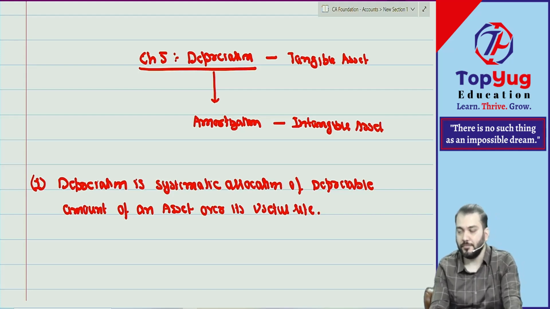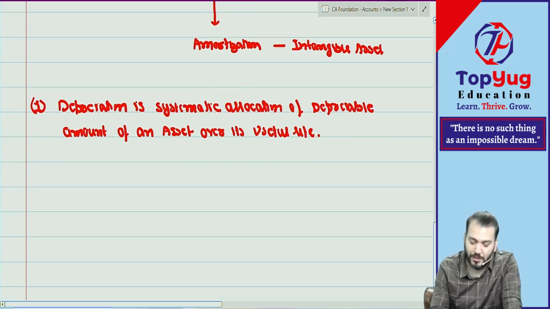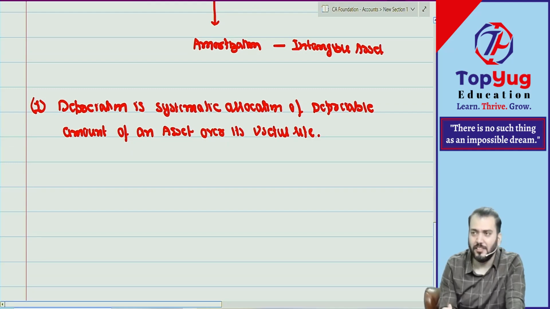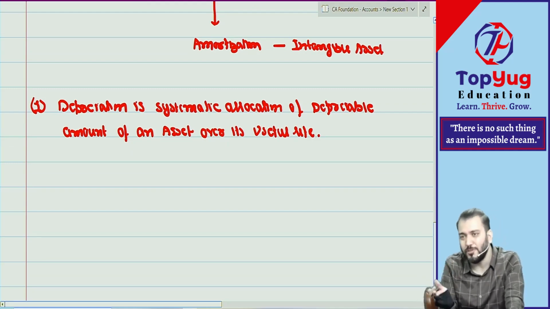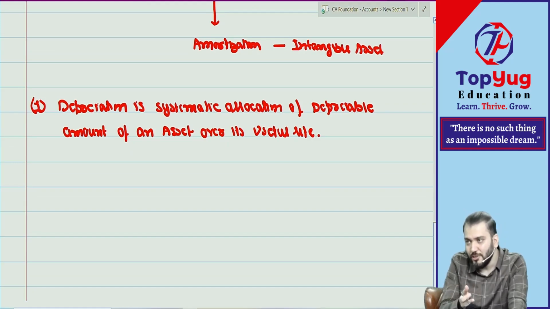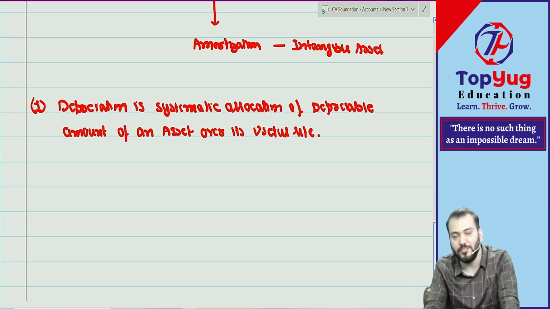Correct. So depreciation is nothing but allocation of cost price during its useful life. That is known as depreciation.